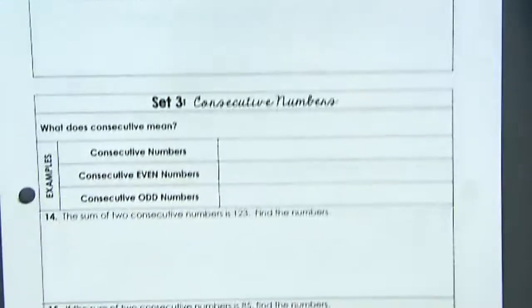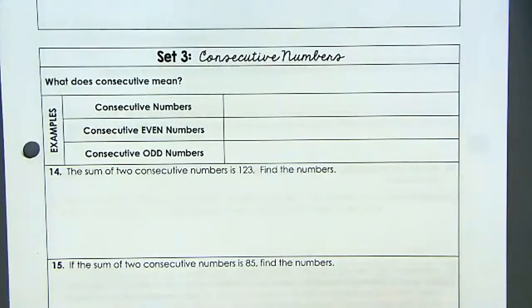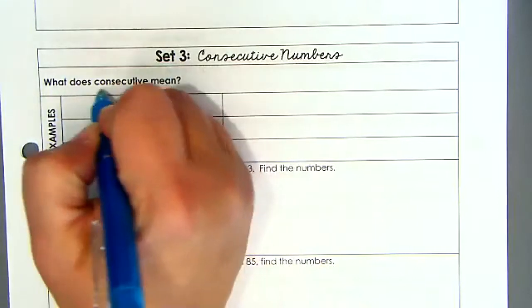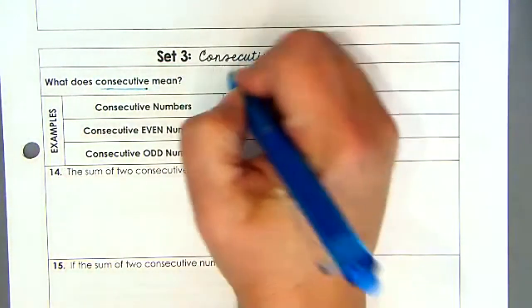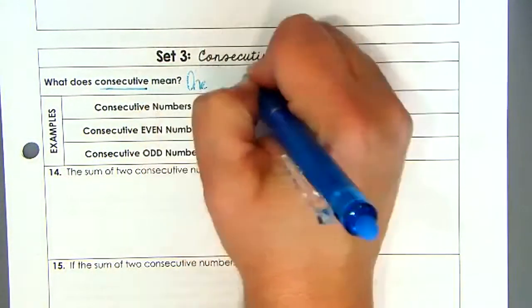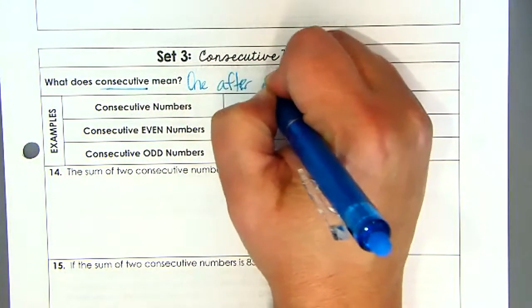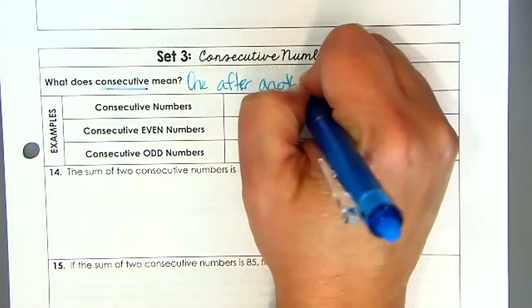Okay, next set of examples. We're dealing with consecutive numbers, okay? This is kind of a different way of thinking about things. When you're talking about consecutive, okay, that word consecutive means one after another.